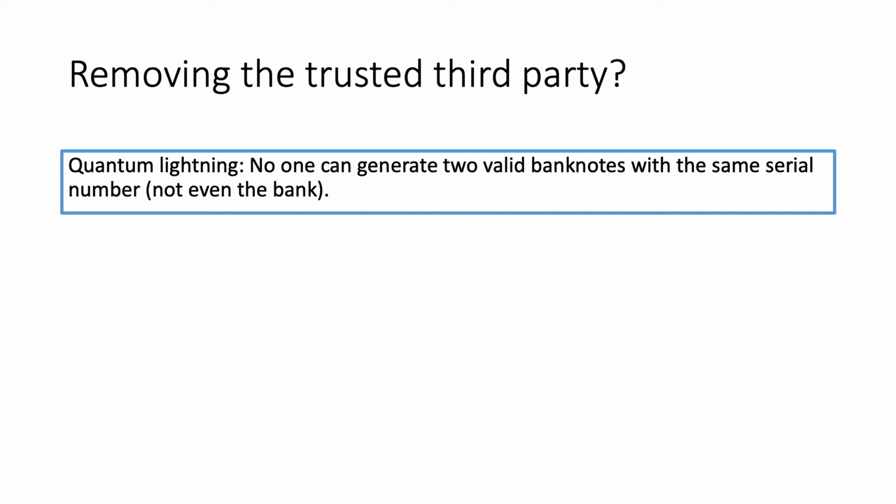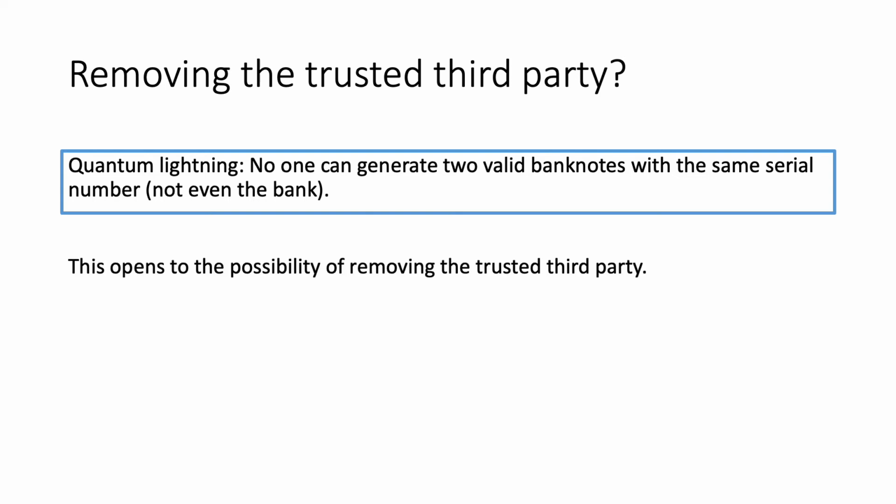And so to recap, in quantum Lightning, no one can generate two valid banknotes with the same serial number, not even the bank. And this is interesting because it opens the possibility of potentially removing the trusted third party, because we no longer have to trust the bank not to produce many banknotes with the same serial number, which was a concern before.